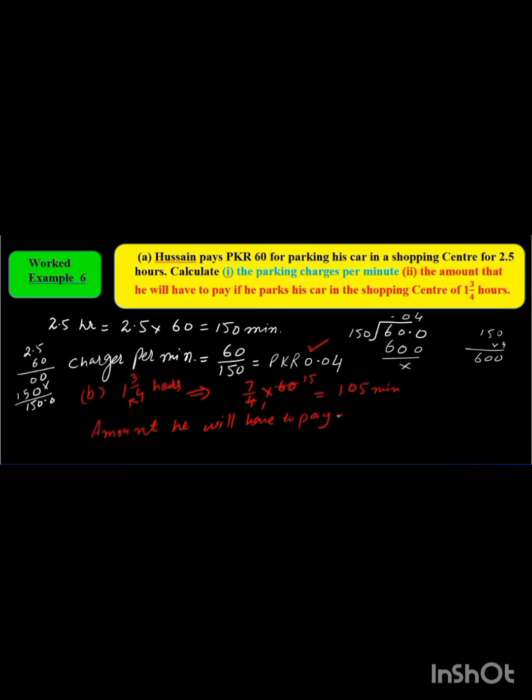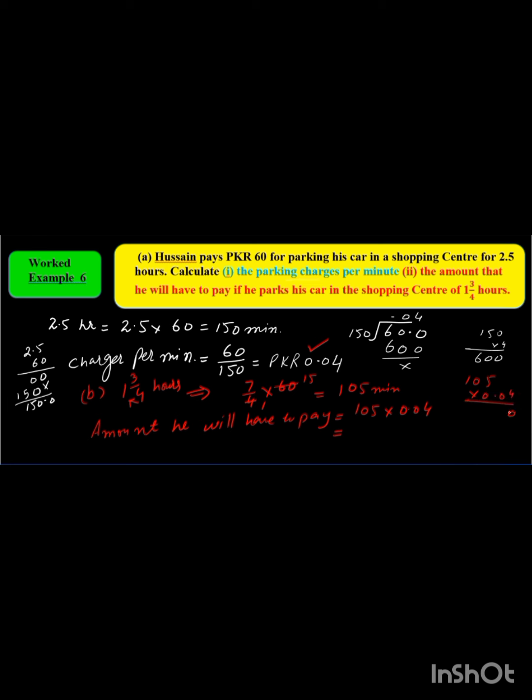So simply you will multiply 105 with 0.04, because the charge per minute is 0.04 and the total minutes we have to pay for is 105. So it is a simple multiplication. You can do it on your own.